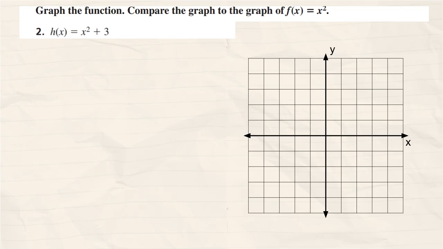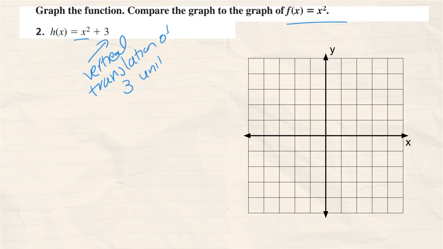Here I have the comparison again to the parent, and I am not going to have a stretch or shrink because A is 1, correct? A is not greater than 1. But I have a vertical translation of 3 units up.